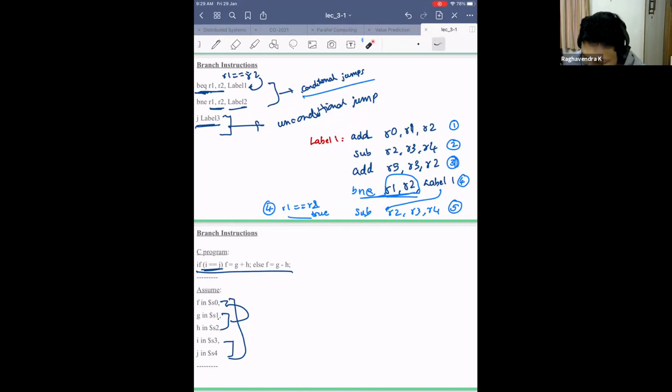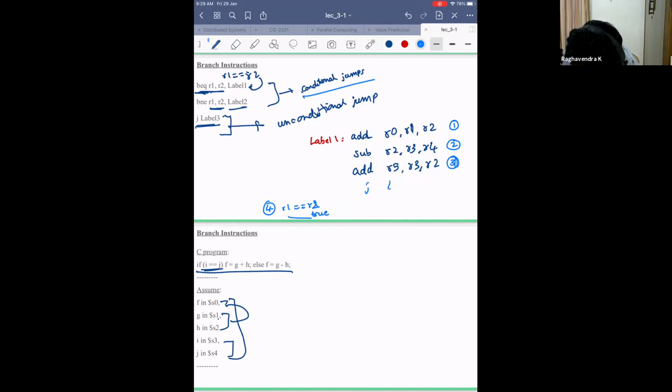But let's say instead of having this branch not equal to, I had just jump label 1. Then irrespective of what has happened before, whenever this statement is executed, I'm not checking for any condition.